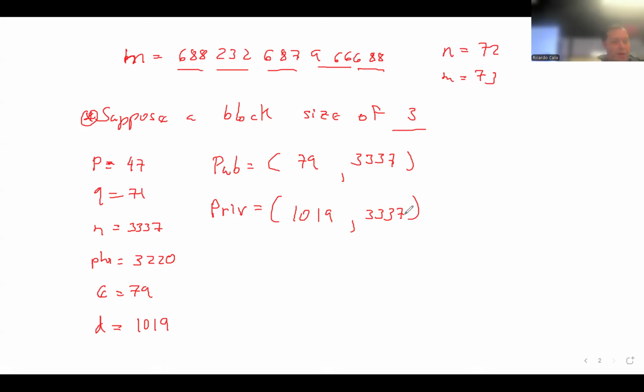So now we have all the parameters, and now we're going to proceed to encrypt. We know that our blocks are of size 3. We stated that. Okay. Because I need more space, I'm going to switch to the next slide. All right. So now we're going to proceed to encrypt this message. How would you do it? It's pretty simple. You just encrypt every block individually. Guys, do you have any questions?